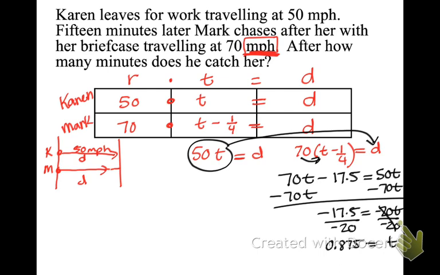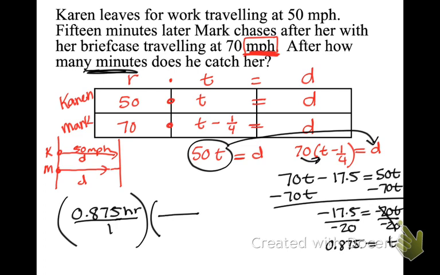Okay? Now, this is in hours. They're asking for minutes. I got to go back. So all I have to do is take that, it's hours, right? And multiply it by a fancy 1. Use our dimensional analysis that we did in Ms. Cacciatore's, which would be, remember, if I want to get rid of hours, since hours is in the numerator, then I'm putting the minutes up here.